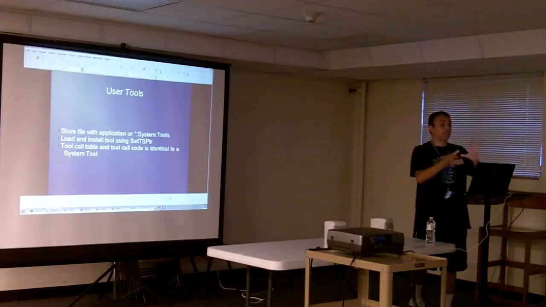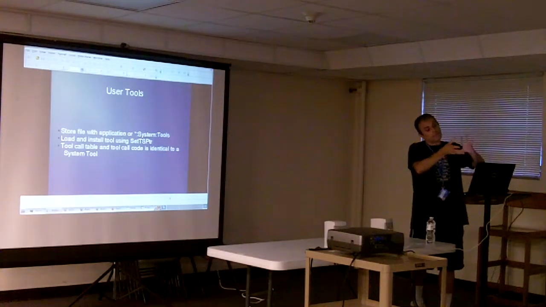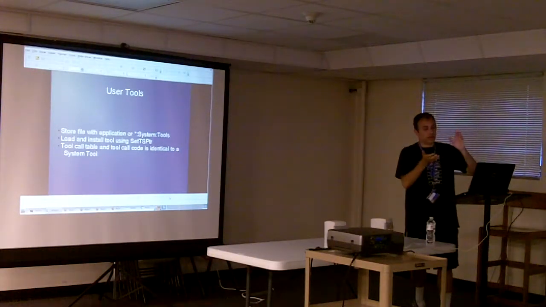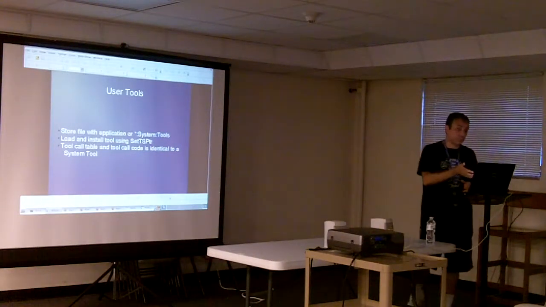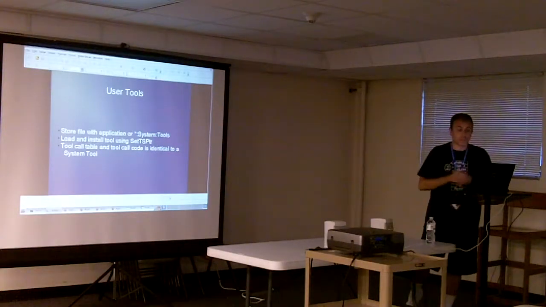So a user tool could be in the same directory where the application is. The application would then say load tool call from the current directory where the application is, which is prefix number 9.